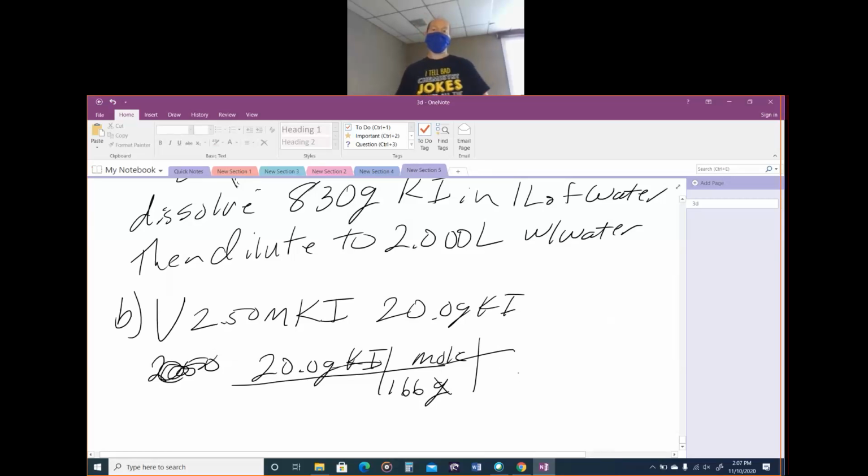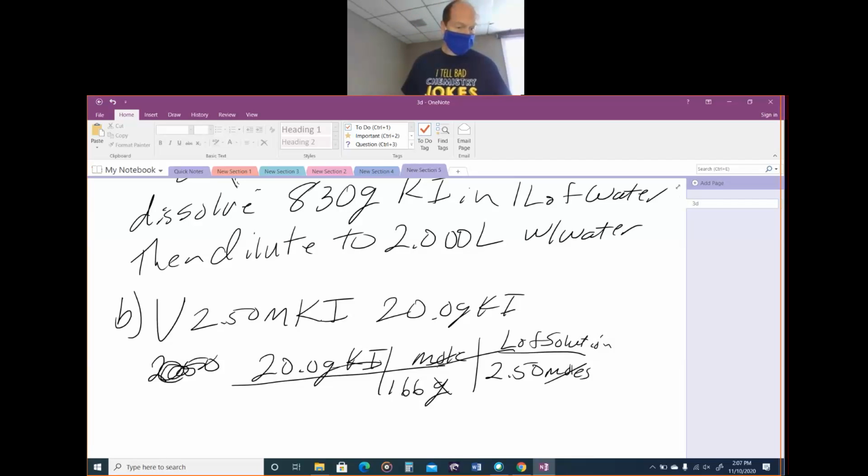And we know that the molarity is 2.50 moles per liter of solution. And so the moles cancel, and now you have a volume of the solution. So you take your 20 divided by your 166, that's your moles, and then we divide that by 2.5. And then we have our answer in liters.